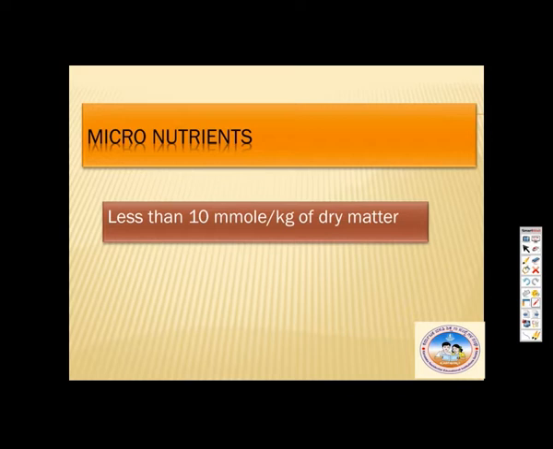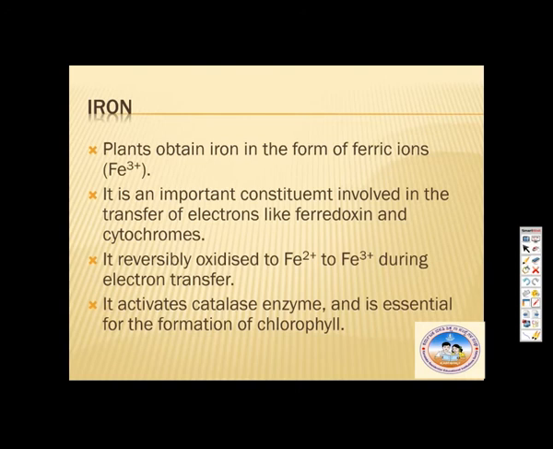It is an important constituent involved in the transfer of electrons, like ferredoxin and cytochromes, in the electron transport chain, the ETC. There you have ferredoxin and cytochromes present, and iron helps in the transfer of electrons.